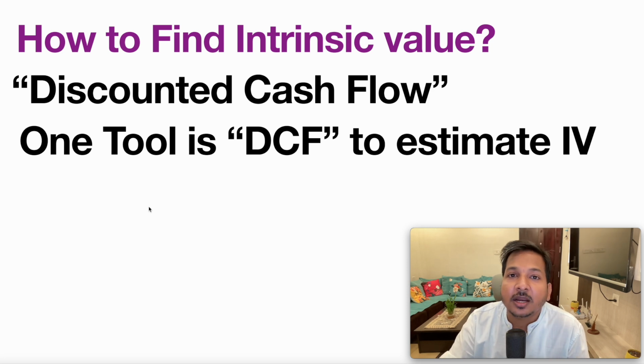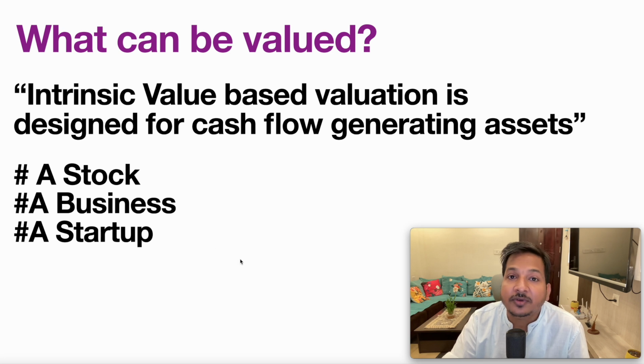So how to find out intrinsic value? The tool which we are going to use, and which is generally popular, is the discounted cash flow, DCF model. So what can be valued with the DCF model? Intrinsic value based valuation is designed for cash flow generating assets.